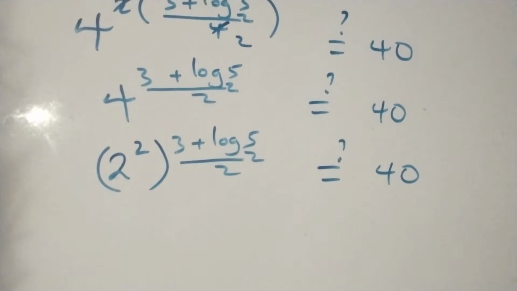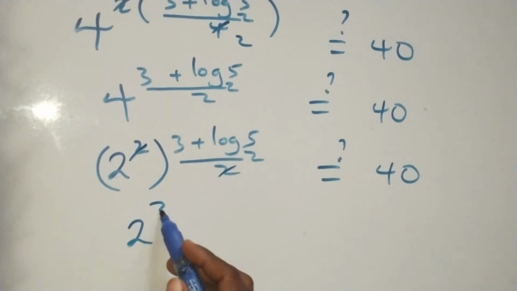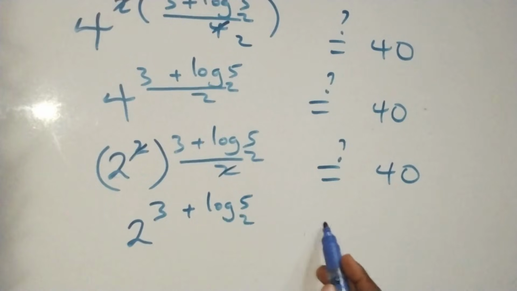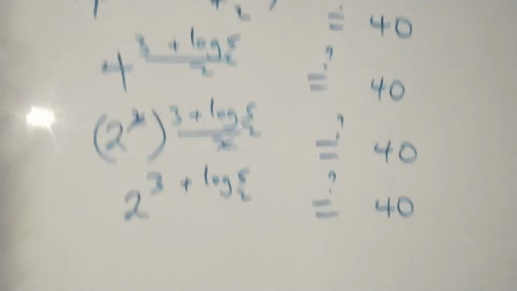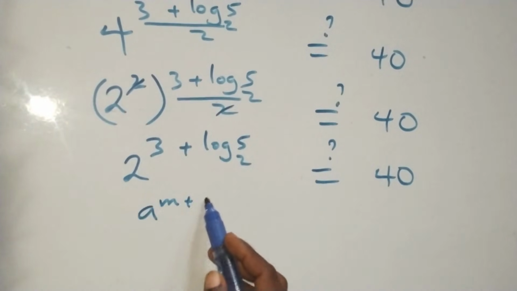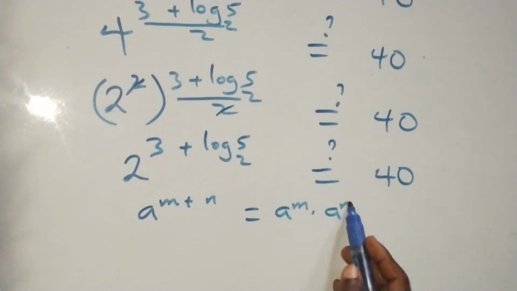This power multiplies and the 2 here cancel each other. We have 2 raised to power 3 plus log 5 base 2 equals 40 on this side. And here we apply the law of indices. A raised to power m plus n is the same thing as a raised to power m times a raised to power n.